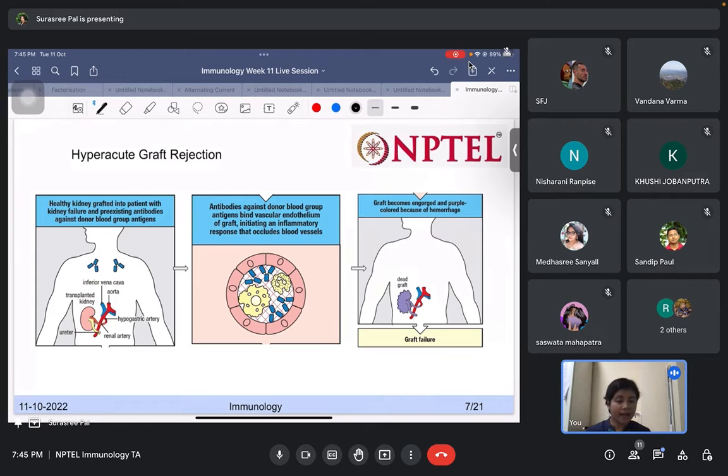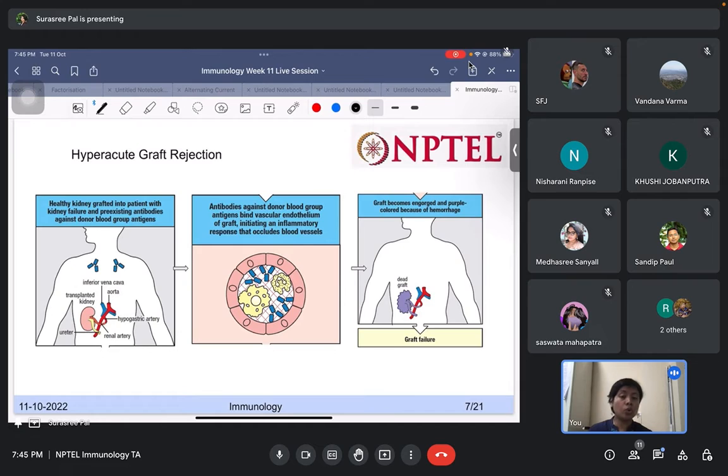If the antibodies are present in the recipient from before, for example, this occurs against the blood antigens. The blood contains several antigens, right? The Rh antigens, for example, or the ABO antigens.